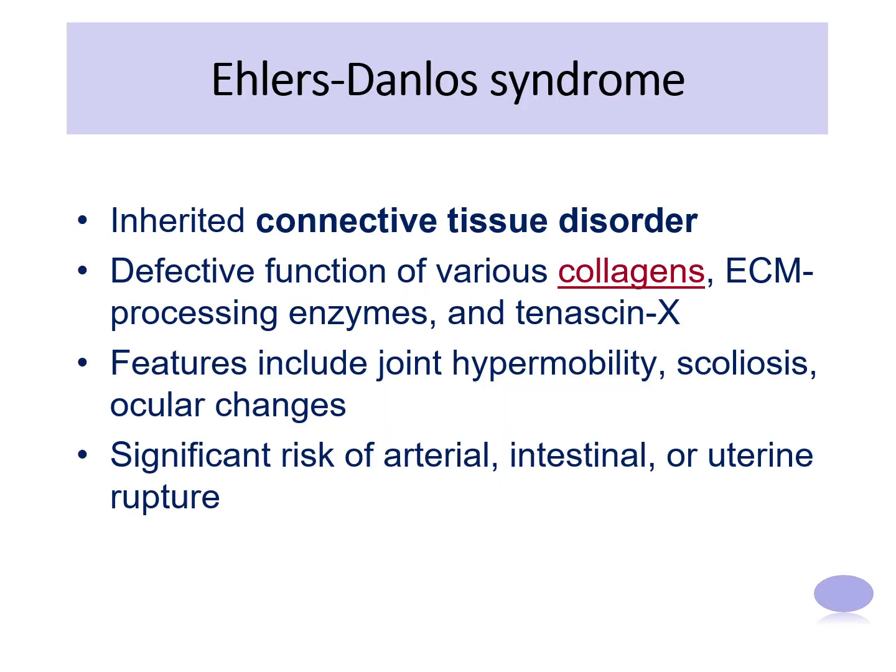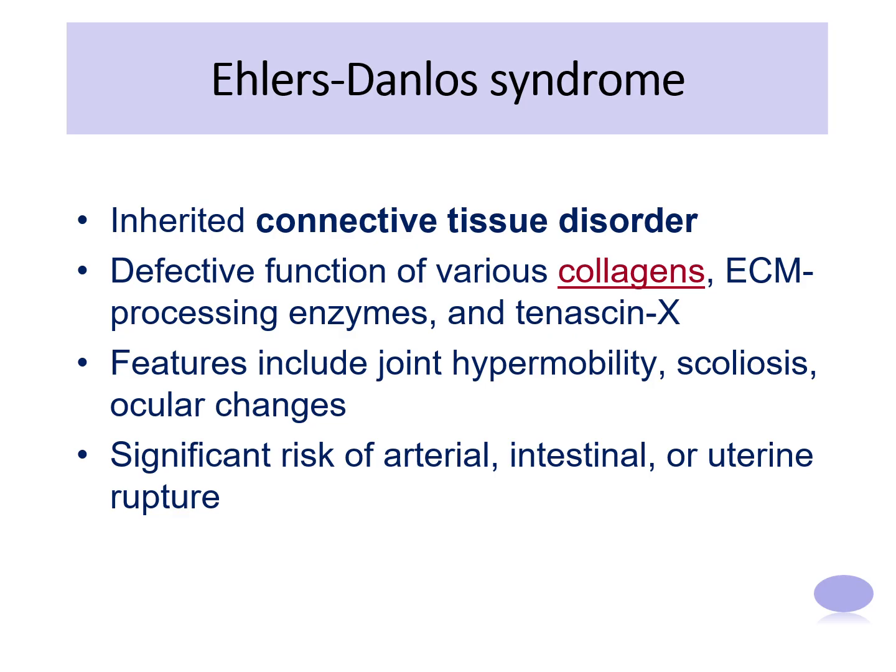Now the next syndrome that I'll discuss is Ehlers-Danlos syndrome, and this is a connective tissue disorder which is inherited again. It has several subtypes, but the basic defect is in collagen. So collagen is defective, and this is what leads to the signs and symptoms.